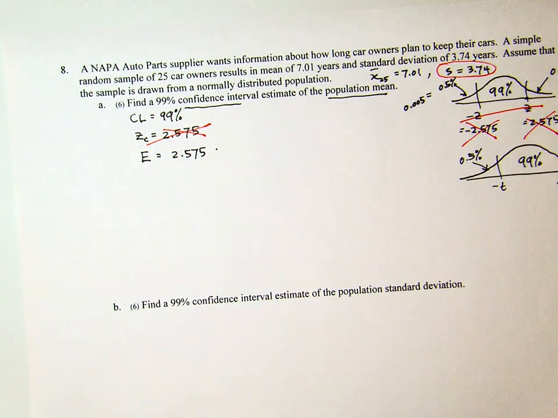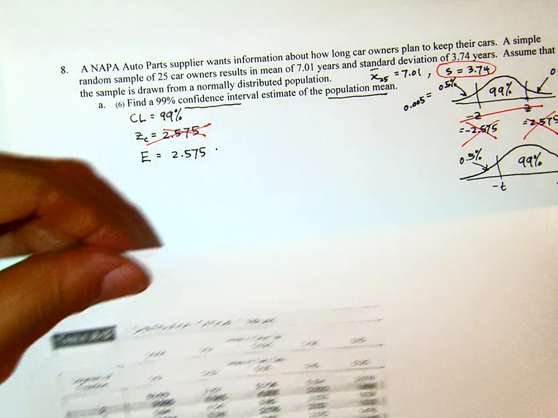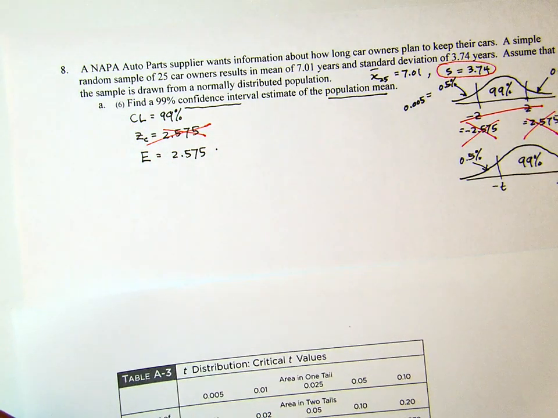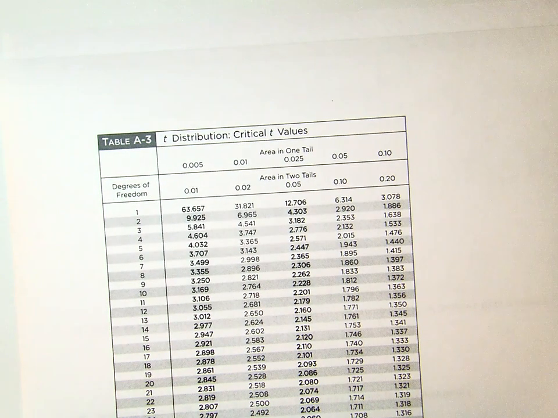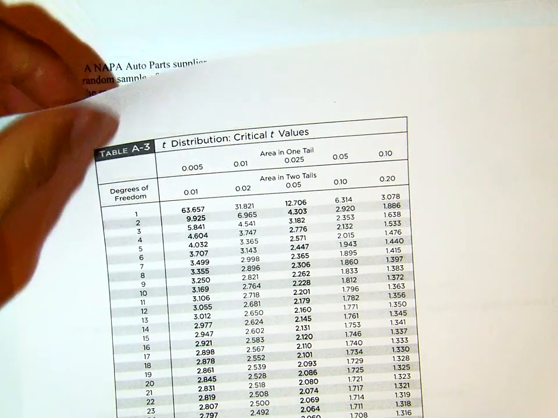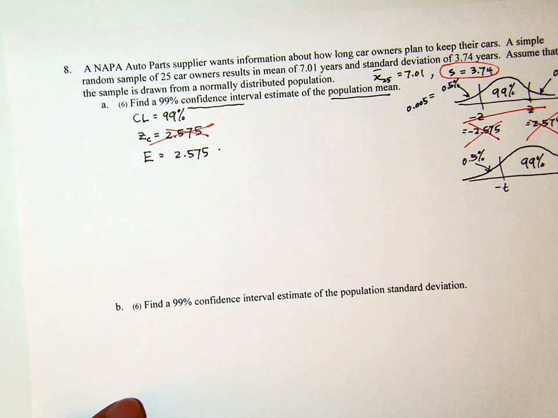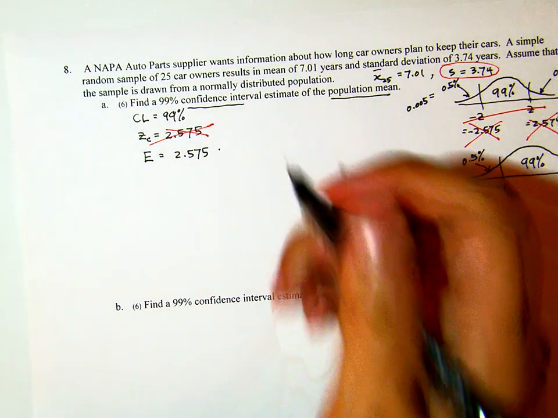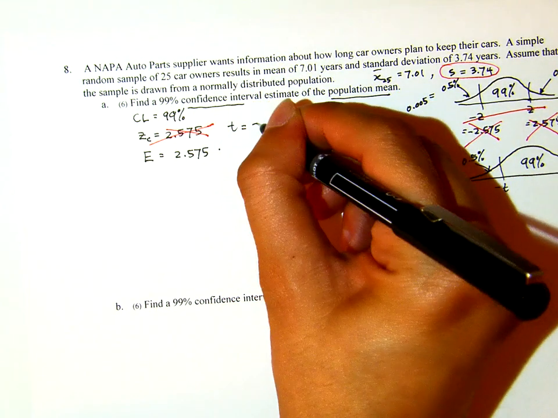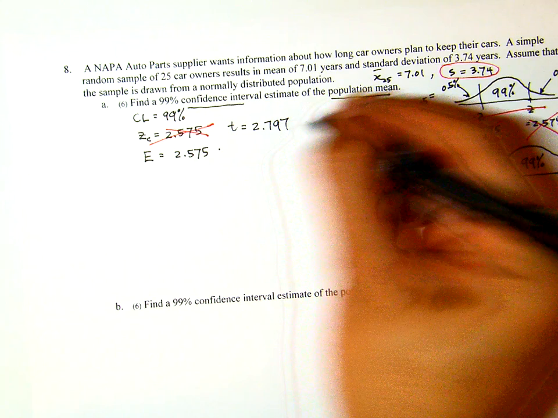Now when I look at my T distribution table, the degrees of freedom is 24, and the area in two tails is 1%. This is 2.797. So t equals 2.797 instead.